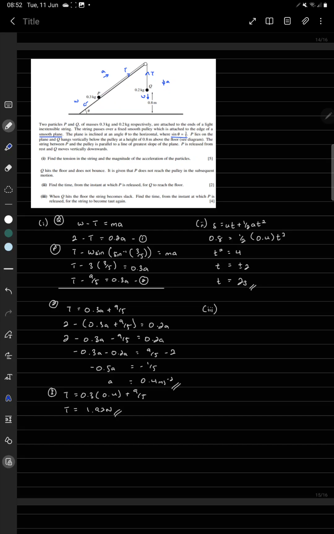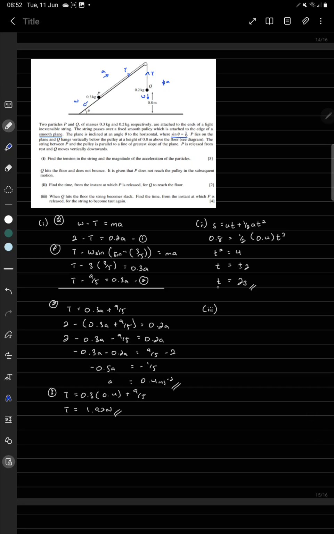So what happens is that when Q reaches the floor, P reaches a certain point where it's no longer being affected by the particle Q. So it's moving on its own, going up, but then suddenly goes down to be at rest again. So what we're going to do is find the final velocity, using the initial velocity 0, final velocity when Q reaches the bottom.